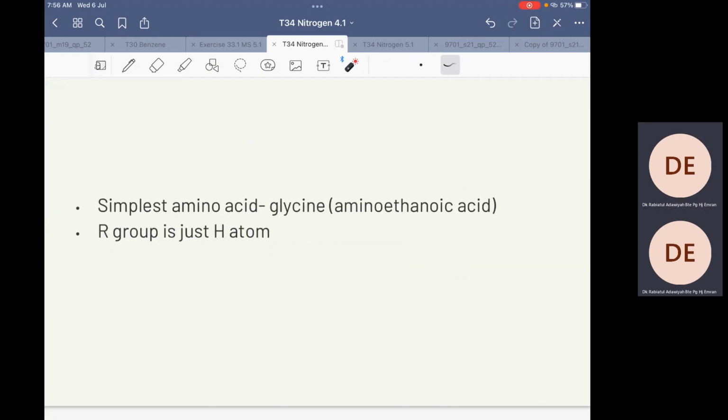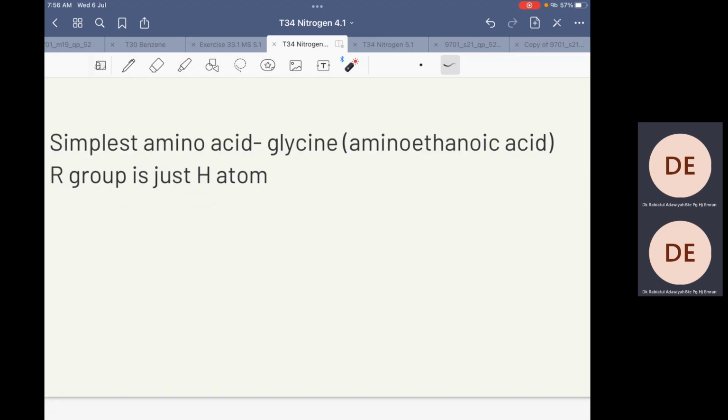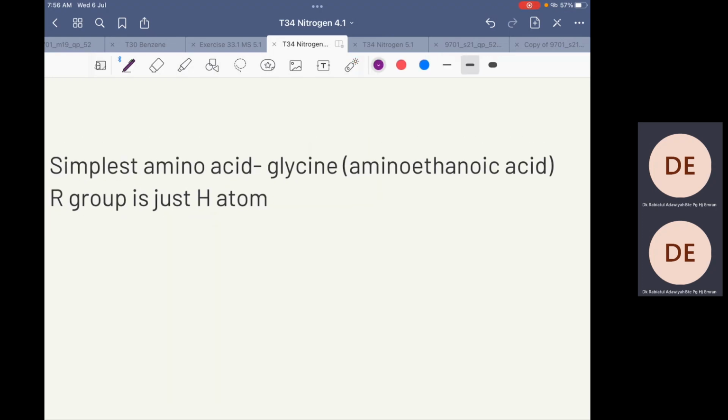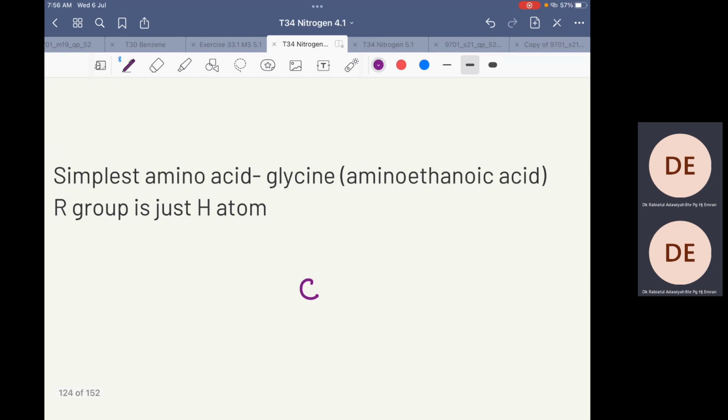Right, first example: the simplest amino acid is glycine. The biological name is glycine, but in chemistry we call it aminoethanoic acid. Let's draw out the displayed structure so you can see all the bonds.